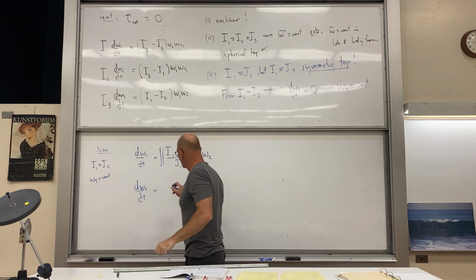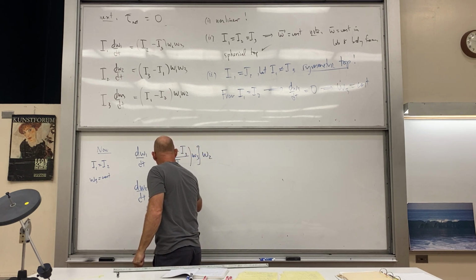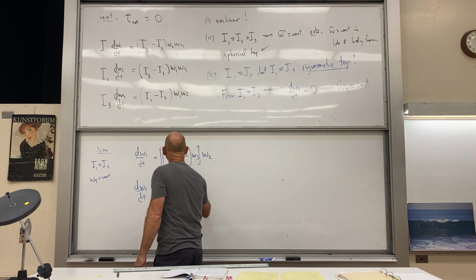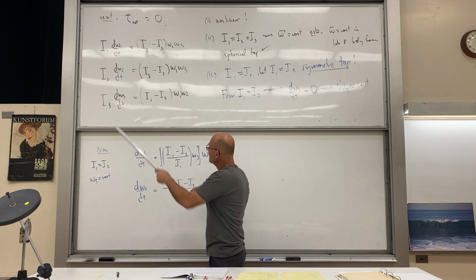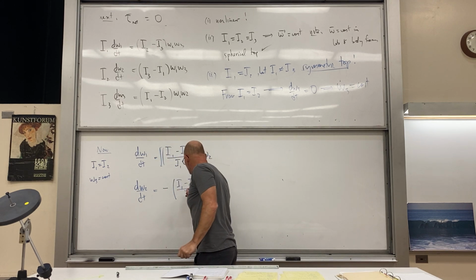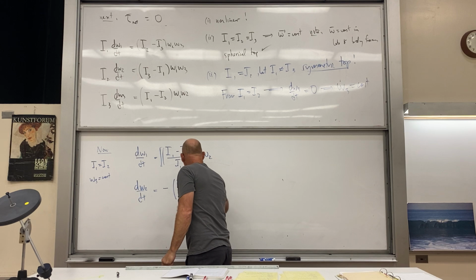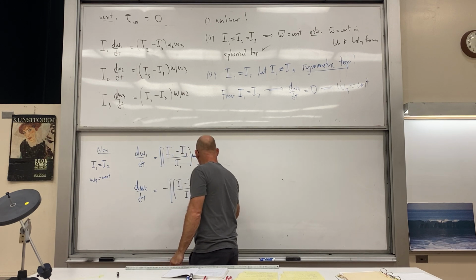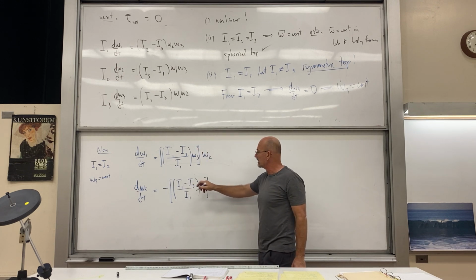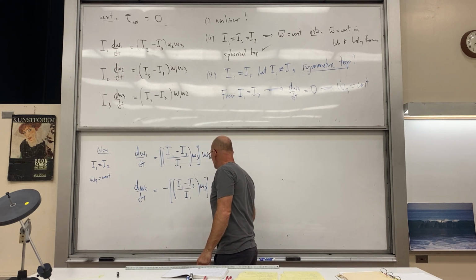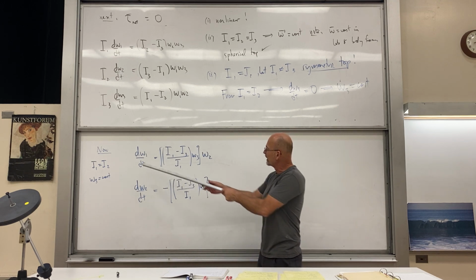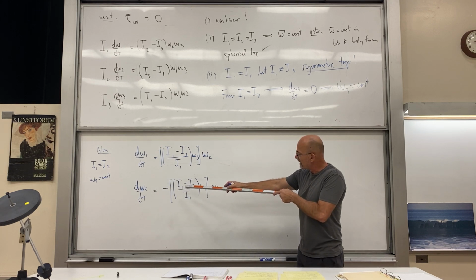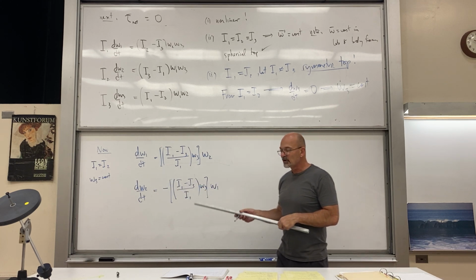I can pull a minus sign out of here. Minus I1 minus I3, divided by I2, but that's I1 again. And we've got the omega 3 again. So I'll put this in here. So this is just some constant times omega 1. So you've got these coupled equations, d omega 1 dt proportional to omega 2, d omega 2 dt proportional to minus omega 1. And those are easy enough to solve.